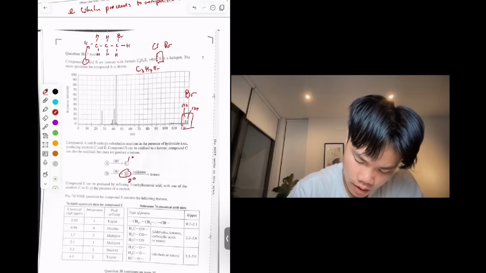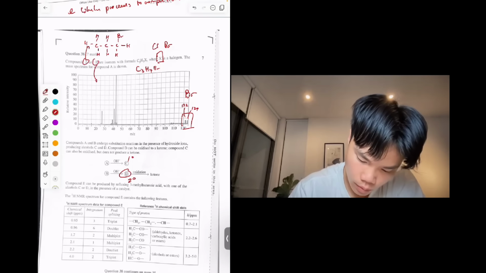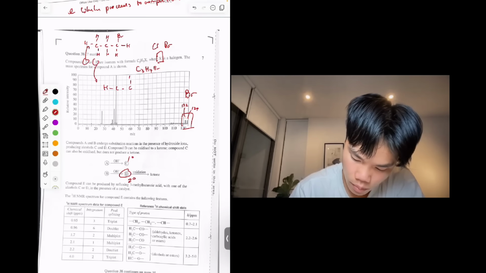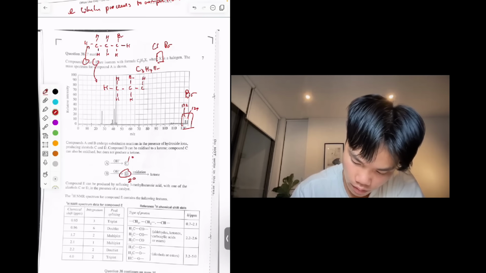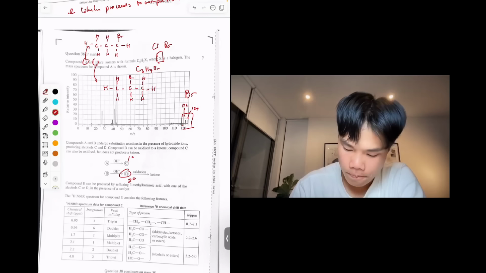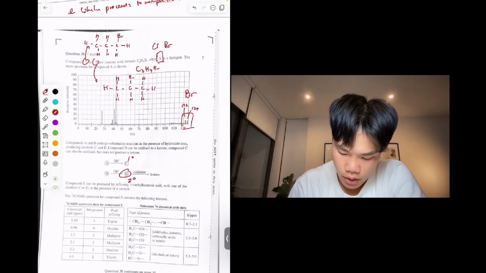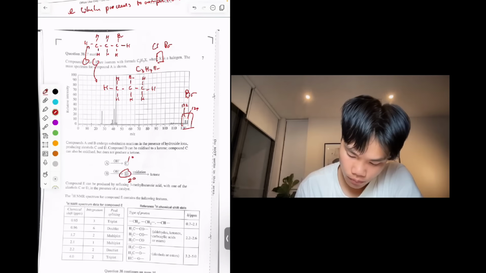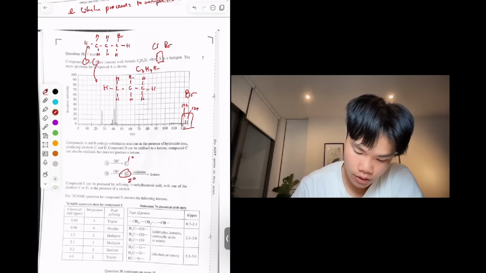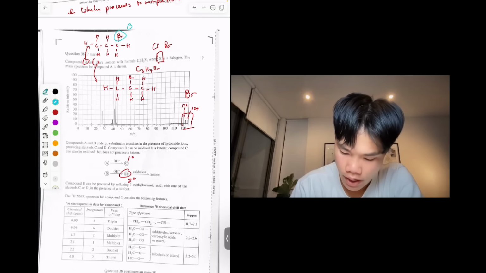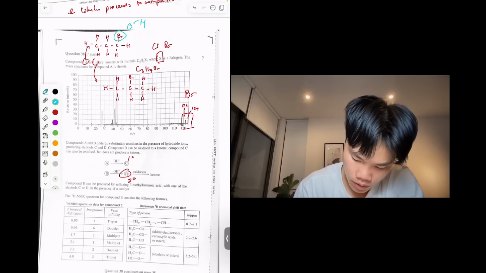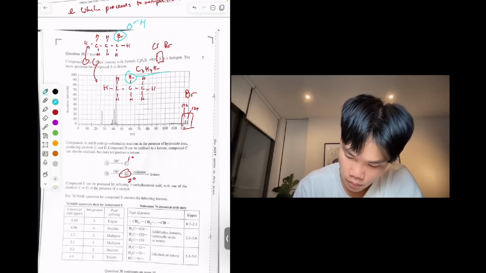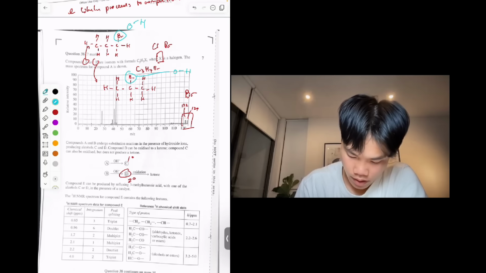So this is A, and B is going to be instead the version where you have Br on the second carbon like so. And this is B. You then know C is the bromine that's been substituted out with an OH, and for D, the Br has been substituted out for an OH as well.